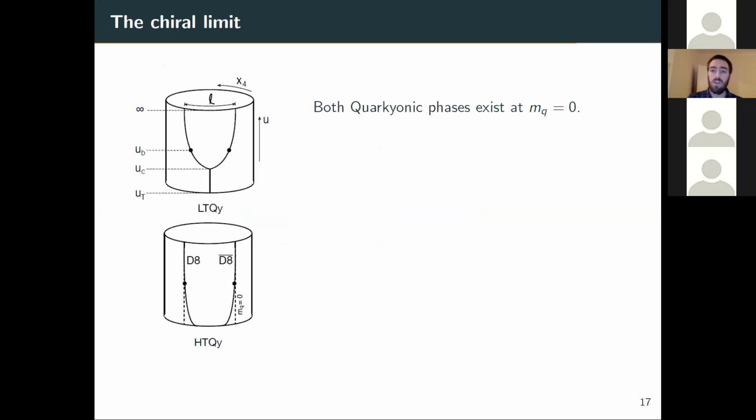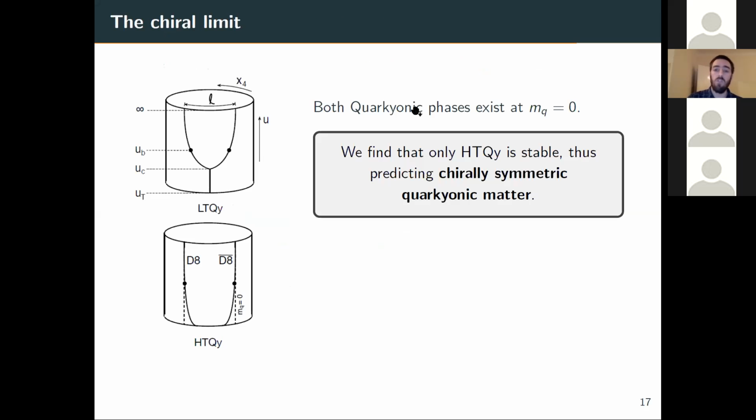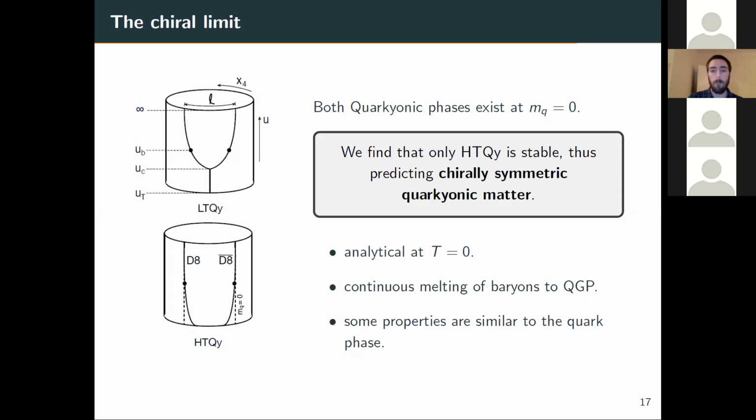And what happens at 0 quark mass is that the only one that is really stable and that appears in the phase diagram is the lower one, so the chirally restored one. So our interpretation of this is that, at least in the chiral limit, the transition to quarkyonic matter should coincide with the chiral restoration.